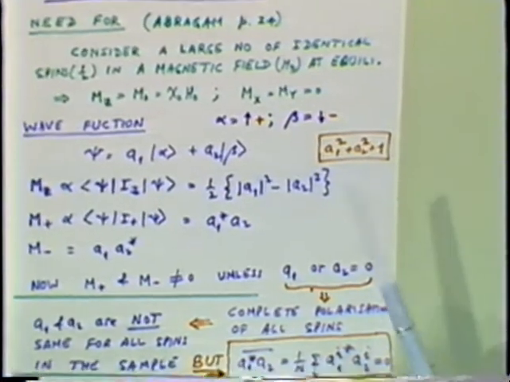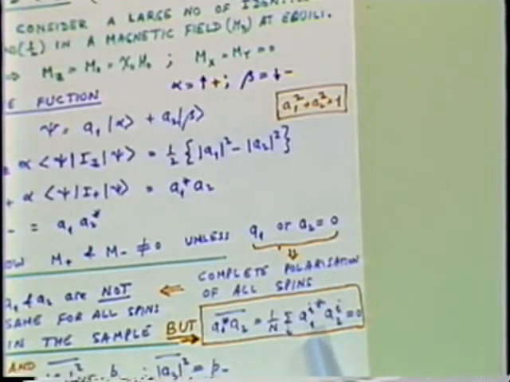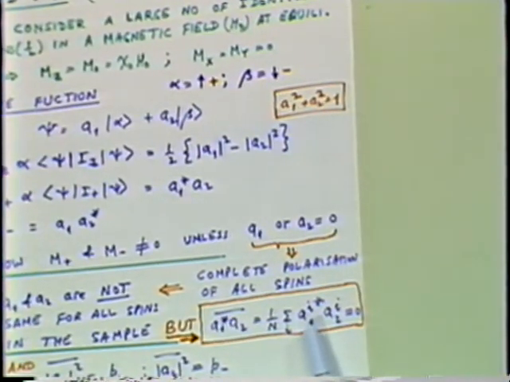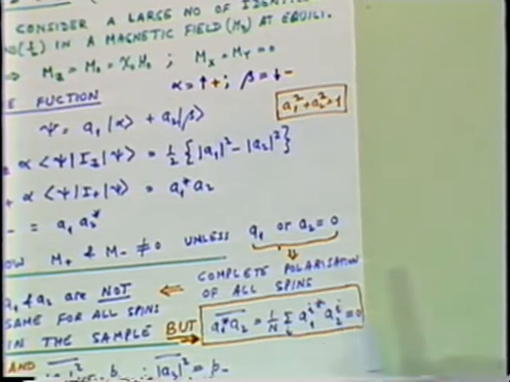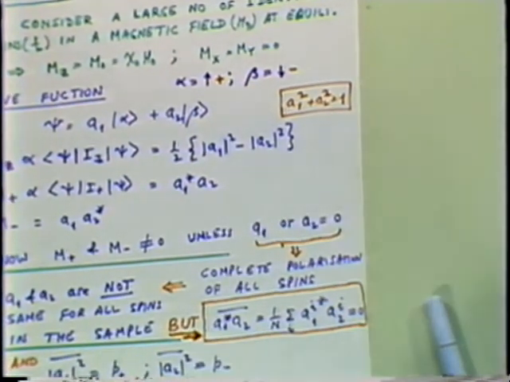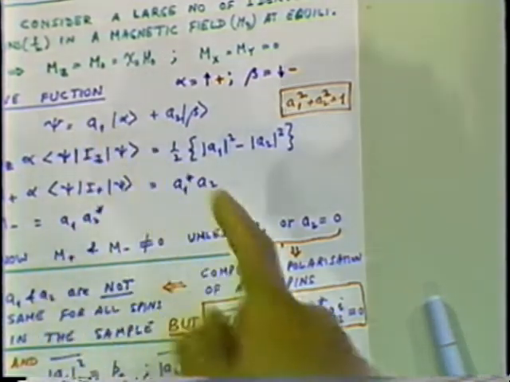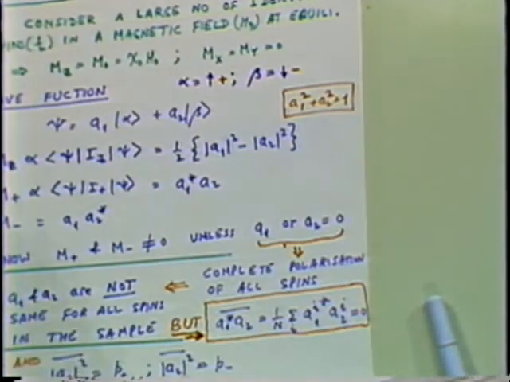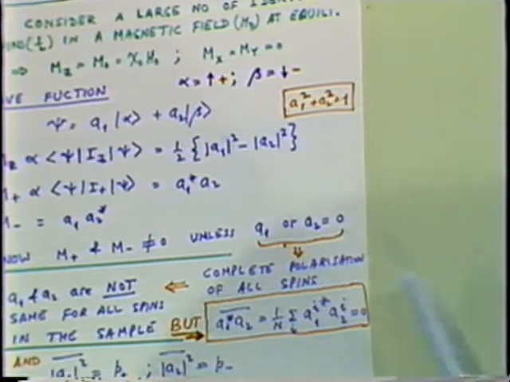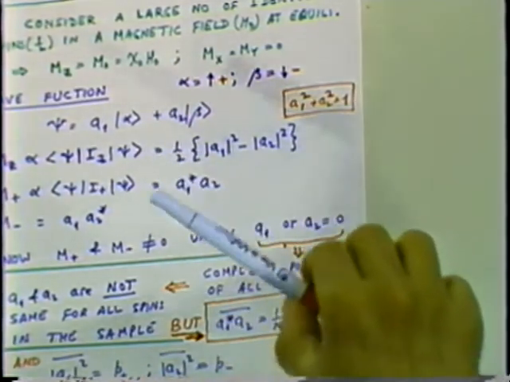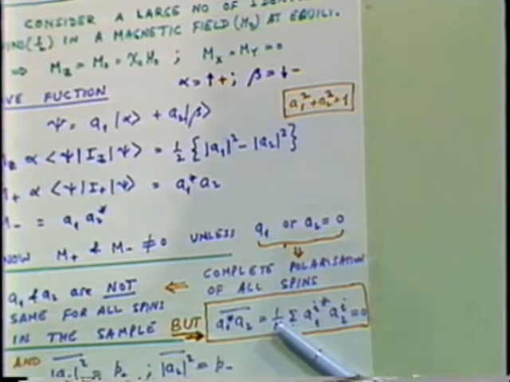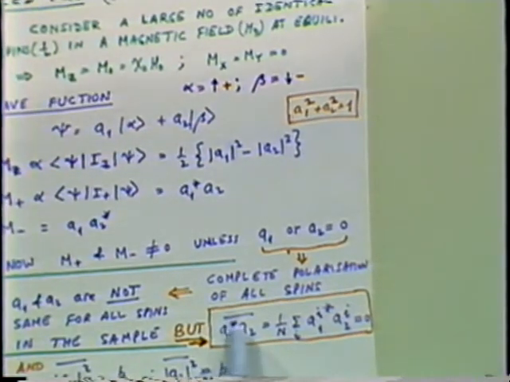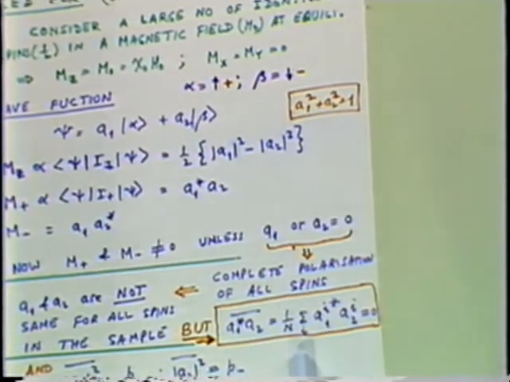What we have at equilibrium is that the sum total of a1i star a2i, taking the ith spin and its values of a1 and a2 and computing this number, summed over all the spins, is 0. So statistically this number is 0, not exactly, and therefore we have not really applied statistics here. When we apply statistics to this system, we see that the average over all the particles is what is 0.